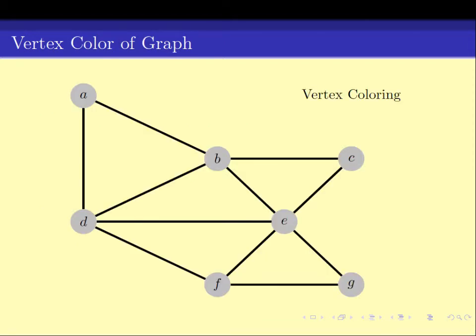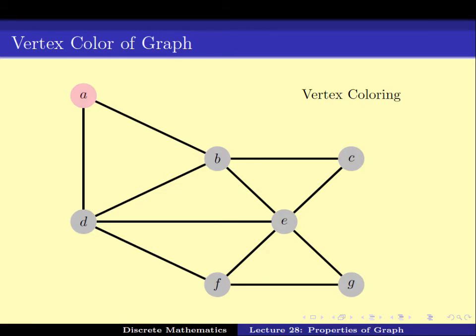So for example here, if this is the graph, A is colored red, B is colored blue, C can be colored red again, D because it's adjacent to both red and blue can be colored green, E because it is adjacent to red, blue and green has to be colored yellow, and F can be colored red and G can be colored green.